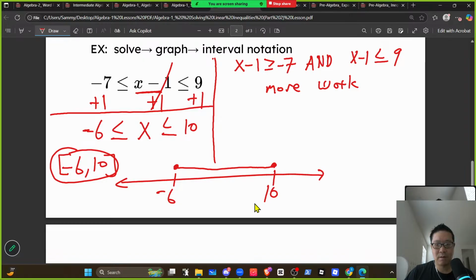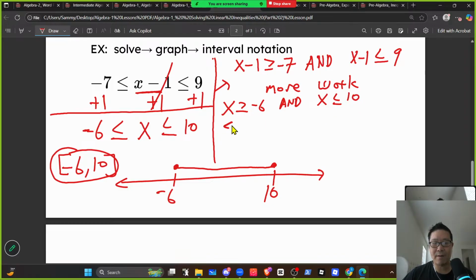If, however, you wanted to go this route, so on the left, you have x minus 1 is greater than or equal to -7. You're going to add 1 to both sides. You're going to end up with x is greater than or equal to -6. And on the right, x is less than or equal to 10.